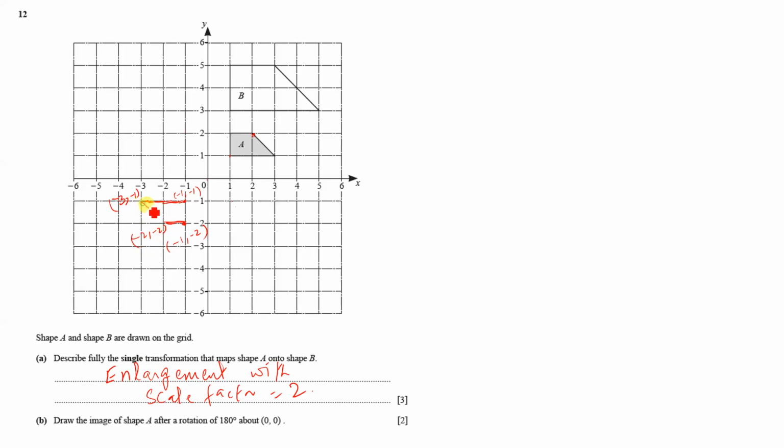Okay, and join this and join these. So we have this figure. This is the shape after rotation of 180 degrees about the origin.